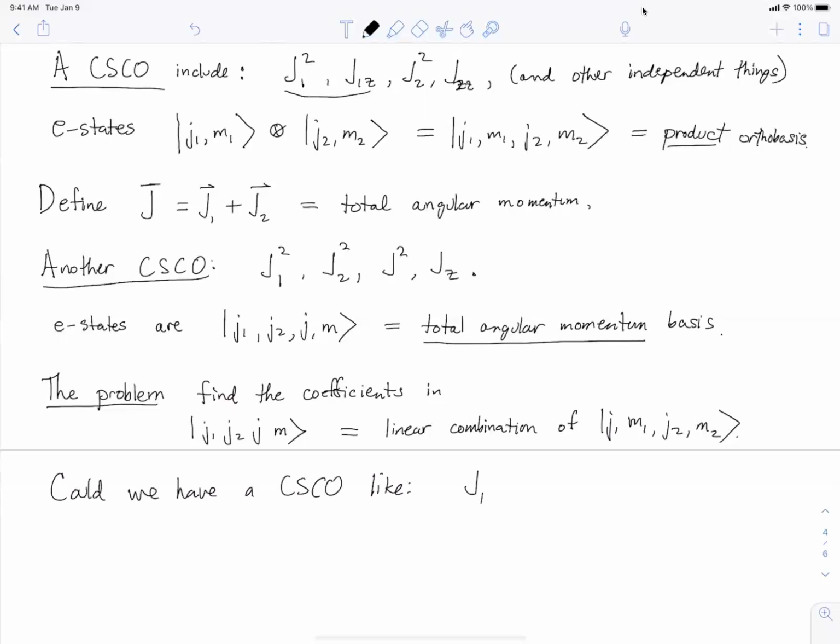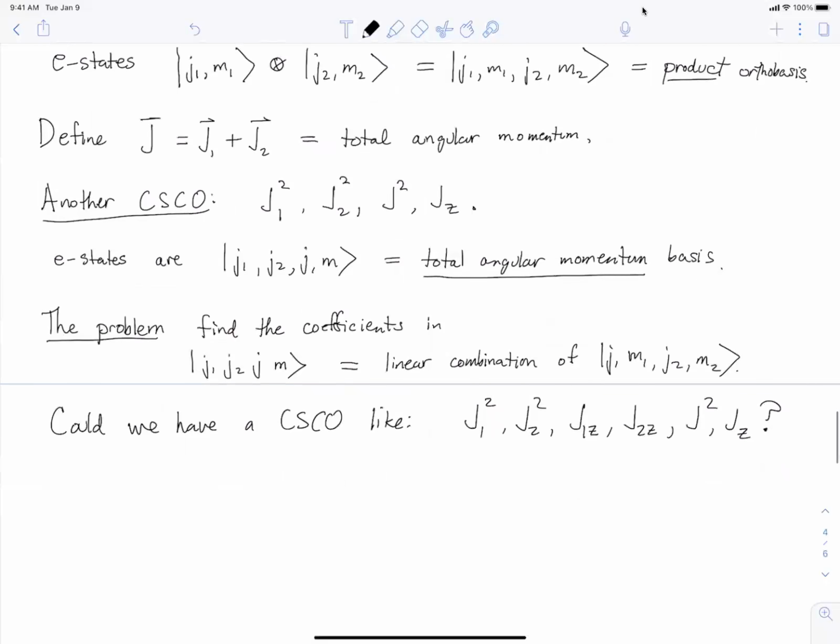I specified J1 squared and J2 squared and J1Z and J2Z and J squared and JZ. So I'm going to try to specify everything. And the answer is you can't.